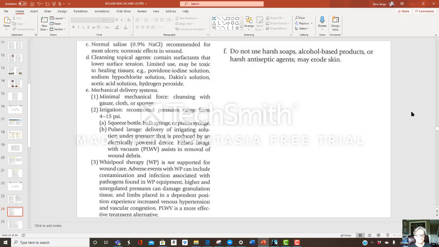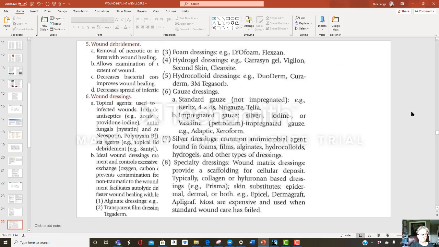Pulse lavage with vacuum is a more effective treatment alternative. Do not use harsh soaps, alcohol-based products, or harsh antiseptic agents. They erode skin.